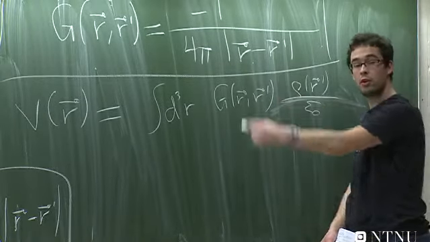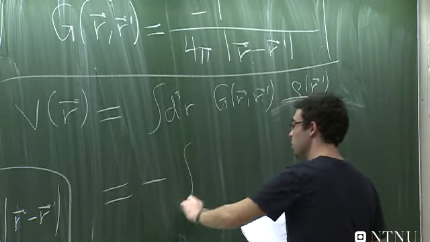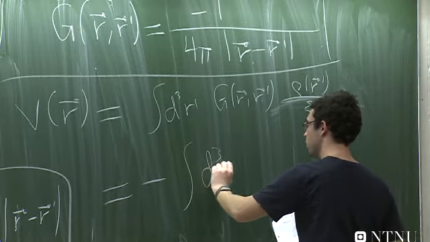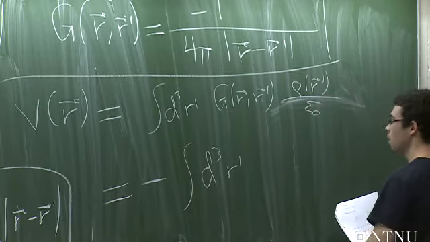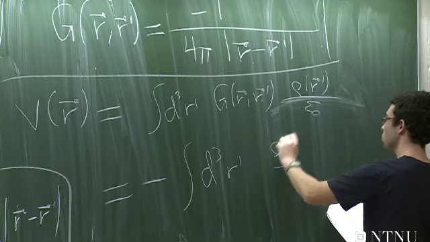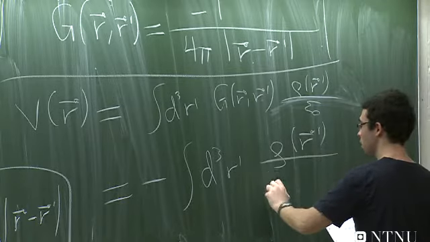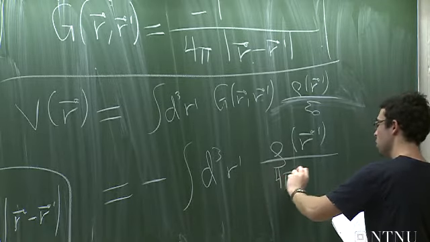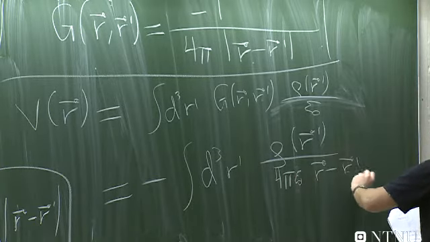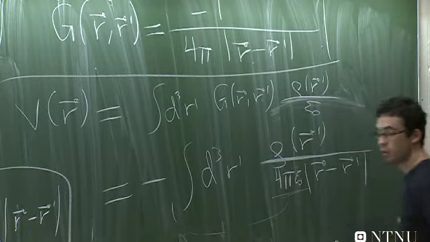And I now know what the Green's function is, so I just conclude that the potential can be simply calculated by solving the integral d3r prime rho of r prime divided by 4 pi epsilon naught |r minus r prime|. And if you want, you can take this and move it on the outside to get it on the standard form.